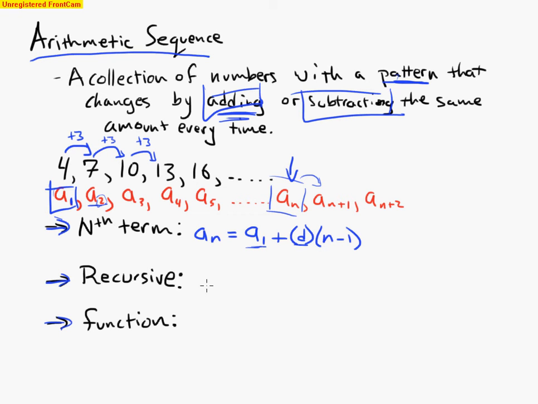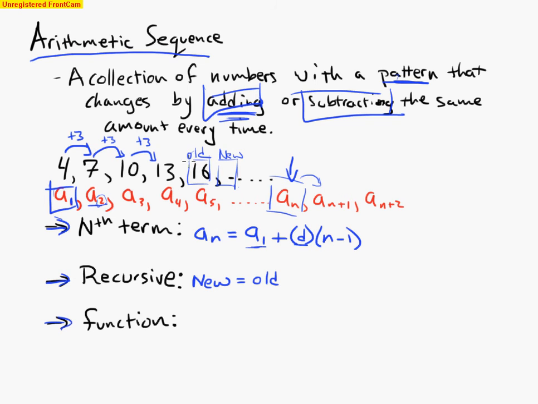The recursive one basically is going to try and get you a new term by looking at the old term. So if I want a new term, like one right here, what do I have to do to my old term? So if this is my new, this is my old. Well, easy. My old term, every single term needs to add 3.